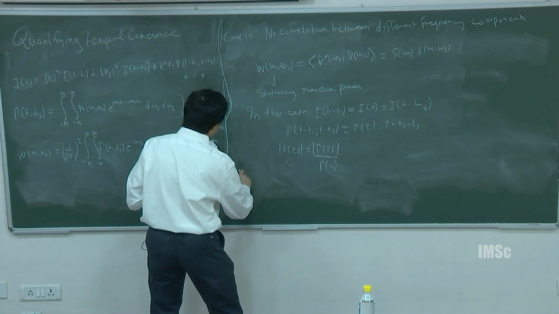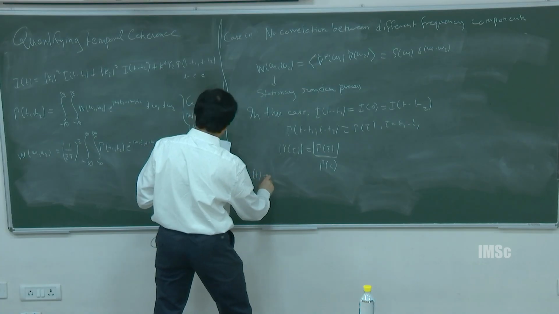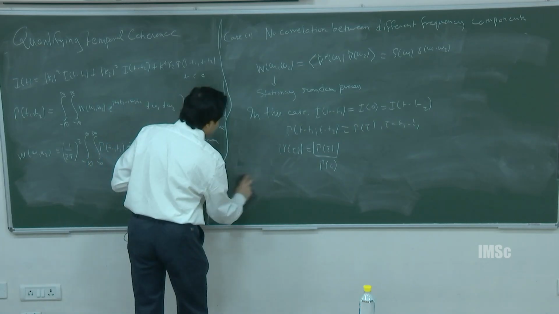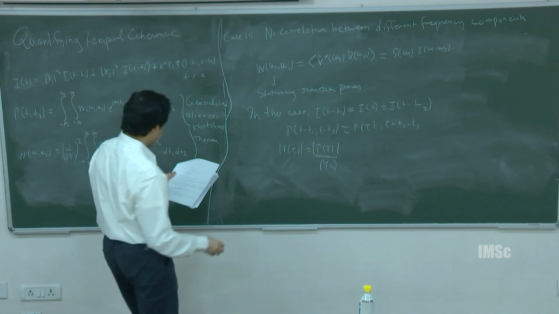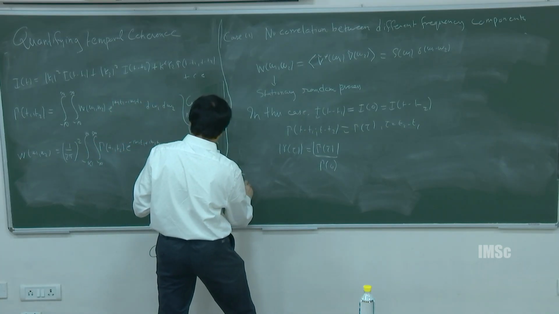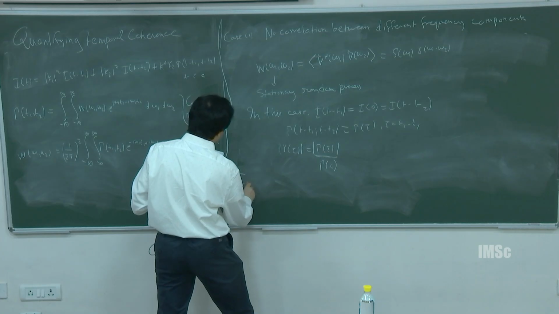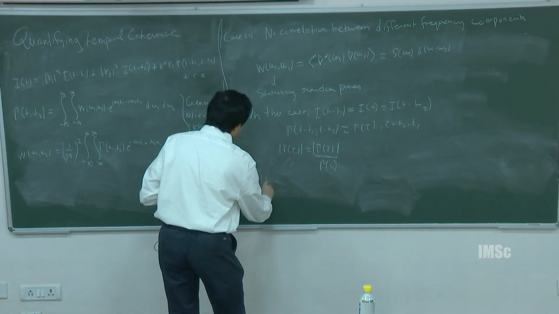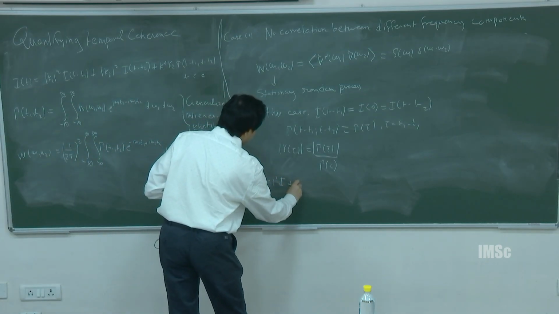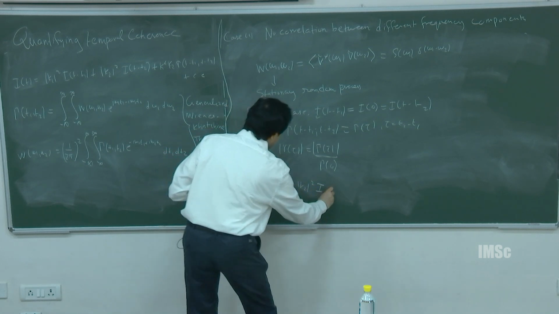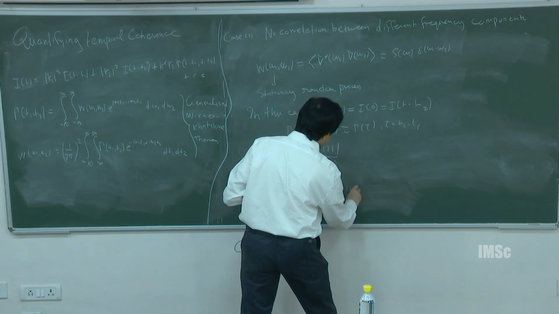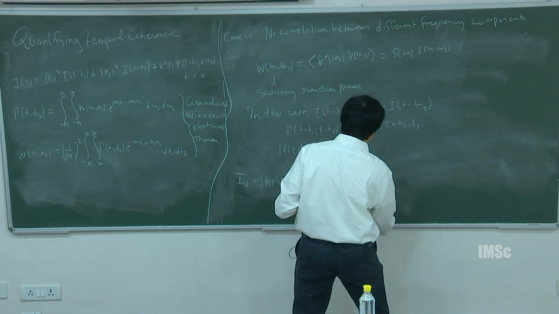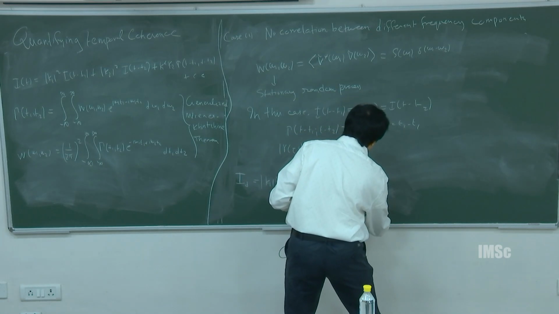So which means the intensity at the detector I sub d, this subscript d stands for the detector, there should be intensity time.